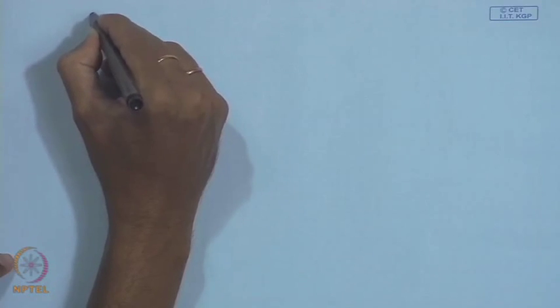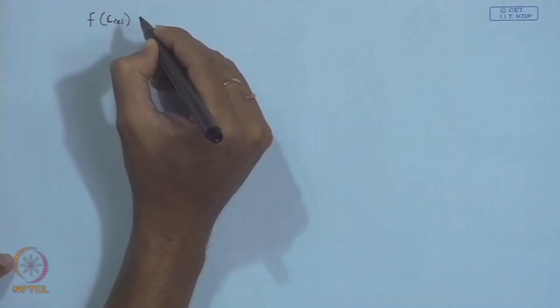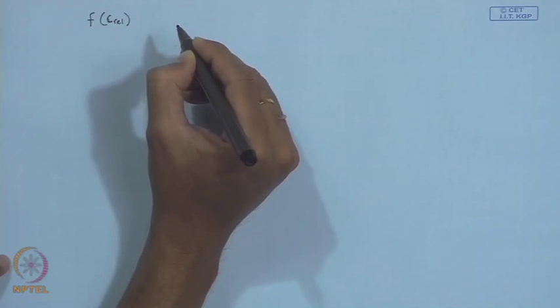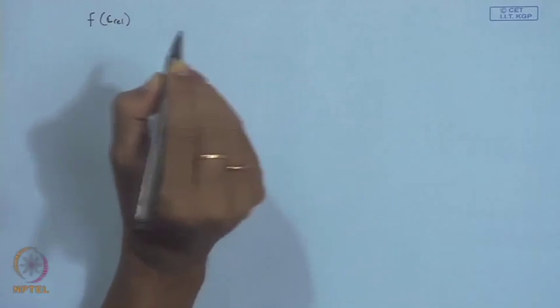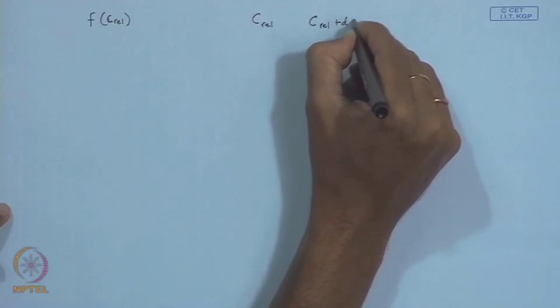Next comes the point that Fc relative. We define another quantity Fc relative, which is the fraction of collisions with velocities in the range c relative and c relative plus dc relative.